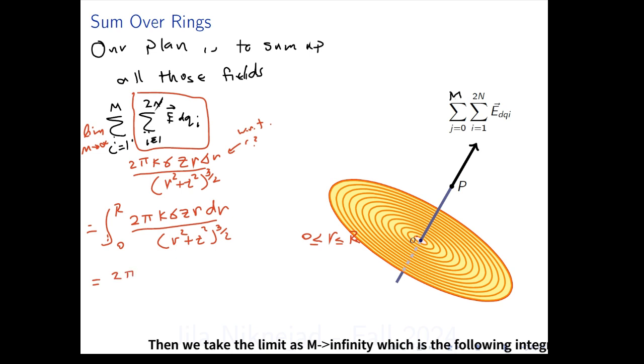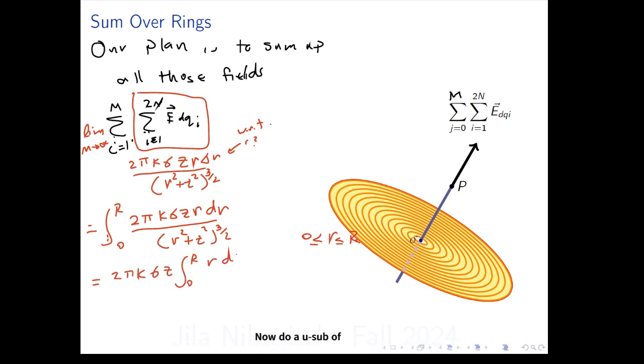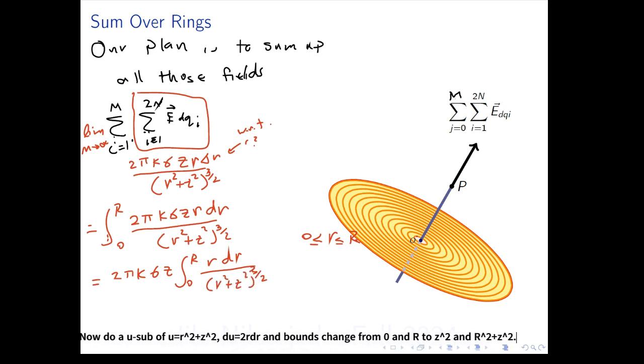Then we do a u substitution, u equal to little r squared plus z squared. du is going to be 2r dr, little r's. Bounds change from 0 and capital R to z squared and z squared plus capital R squared.